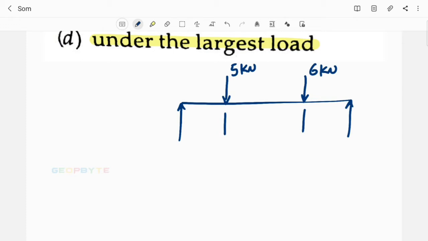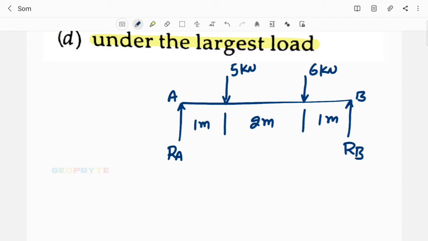The distances are 1 meter, 2 meters and 1 meter. This is the support A. A be the one support, B be the other support. Reaction at A is RA, reaction at B is RB.